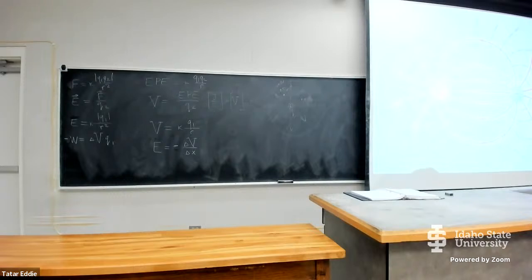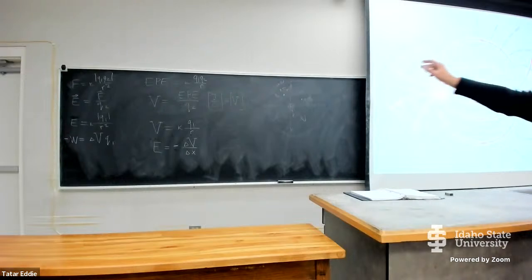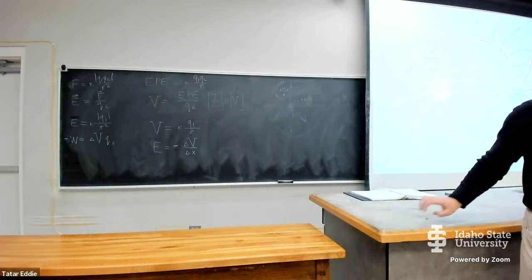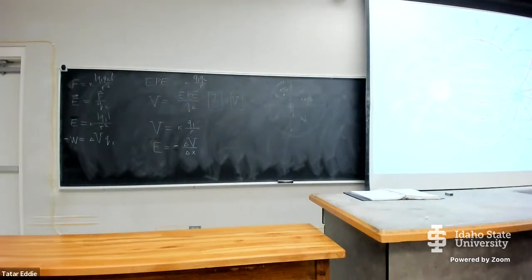Okay. Well, you realize that there is energy stored when you have electric charges in space, in the system of electric charges. 2, 3 electric charges, the configuration of those electric charges carries energy. And energy is something useful, right? Because if there is a certain amount of energy, you can convert it into work.